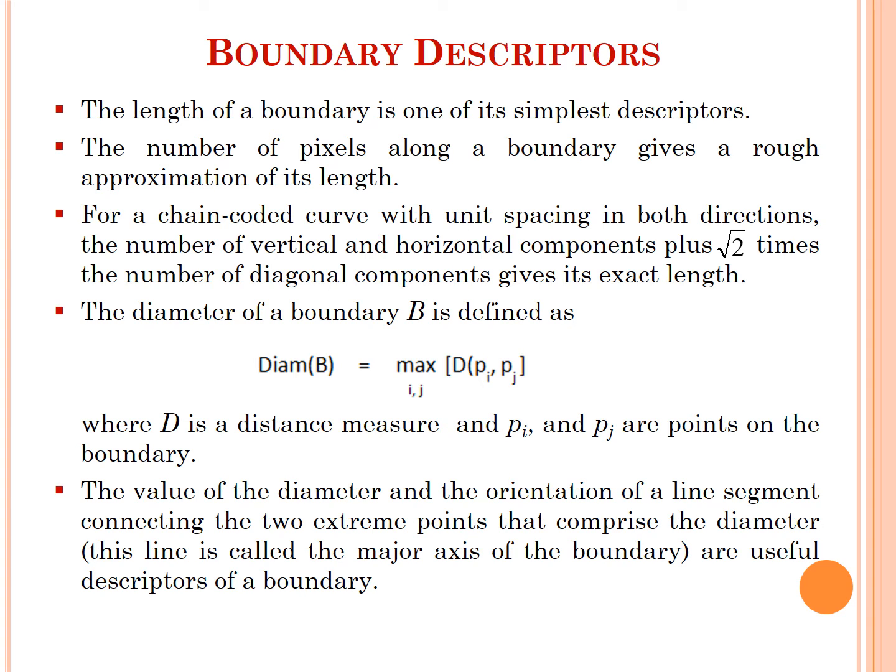The value of the diameter and the orientation of a line segment connecting the two extreme points that comprise the diameter are useful descriptors of a boundary. This line is called the major axis of the boundary.